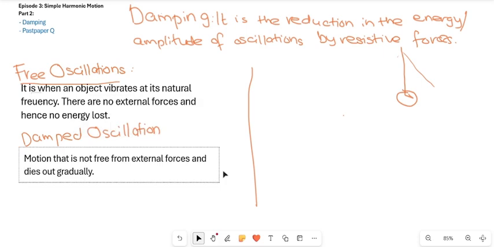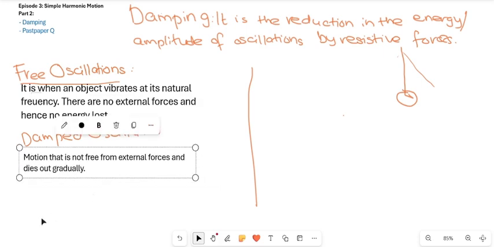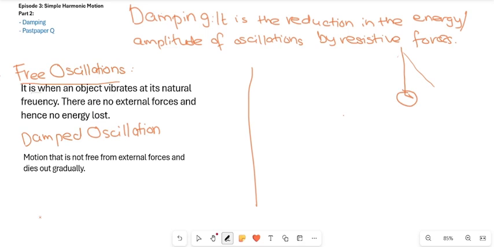And the next one, the last one actually, is forced oscillation. Again, the word force tells you that the body is made to vibrate by an external force.